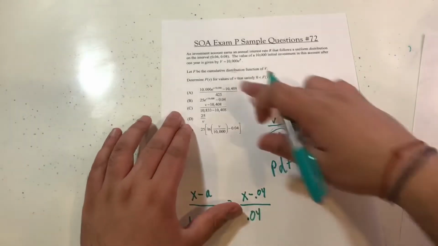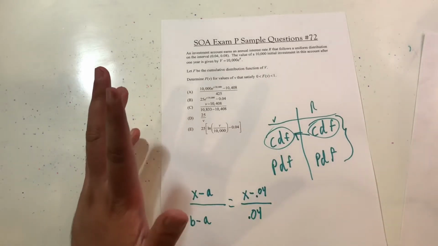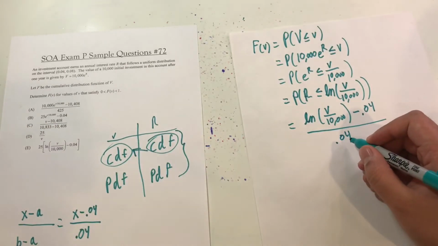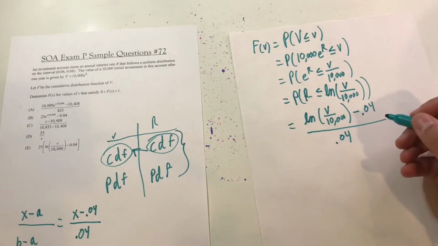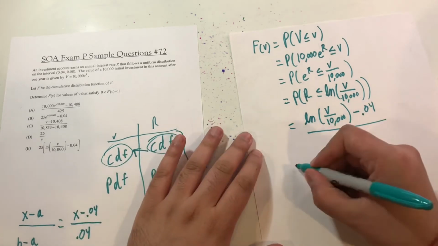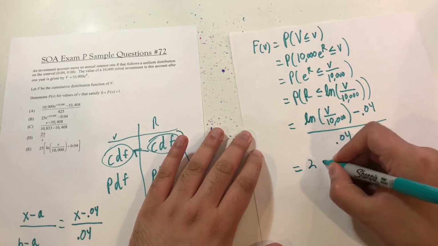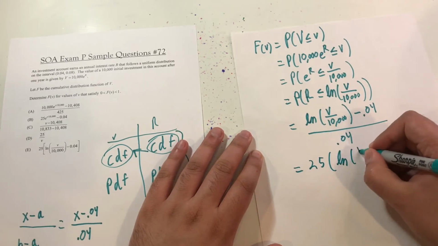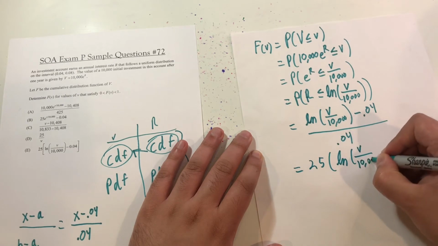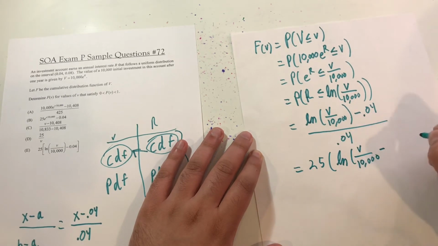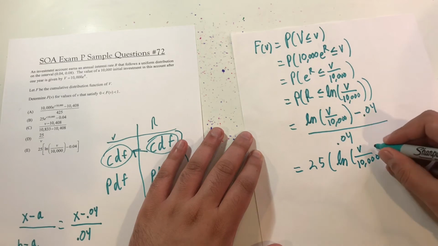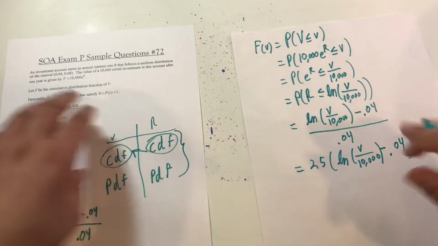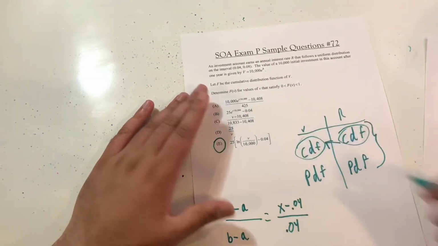Now that doesn't match up with any of our answer choices, so I can rework this. 1 over 0.04 is simply 25. So you could rewrite this whole thing as having a coefficient of 25, and then in parentheses, the natural log of v over 10,000 minus 0.04. And that does line up with a particular answer choice, E.